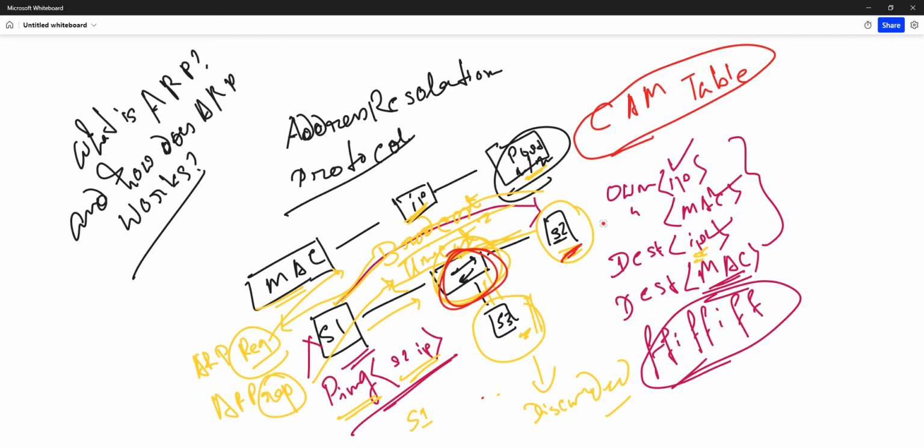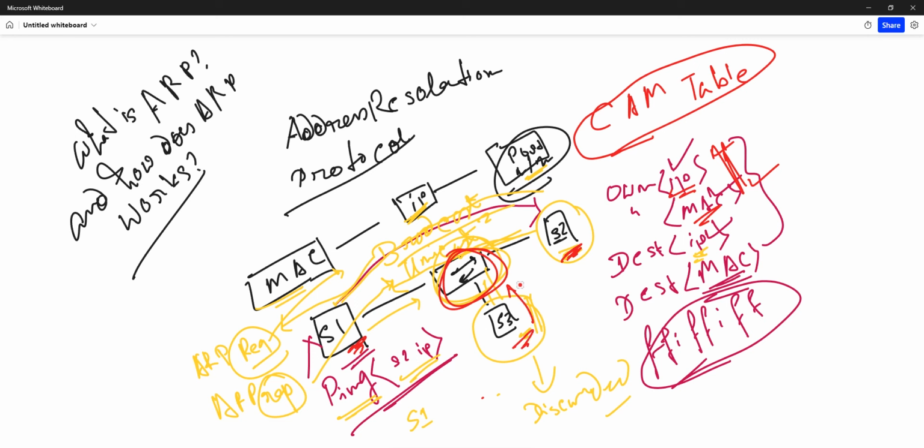S2 already got the information, this IP address, MAC address, and the S1 IP address and MAC address, because in this ARP message the S1 IP address and S1 MAC address are shared. So this information has already been shared.